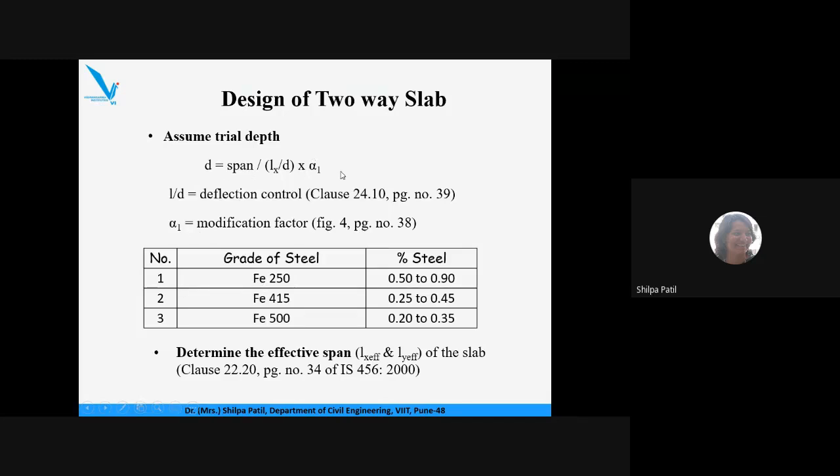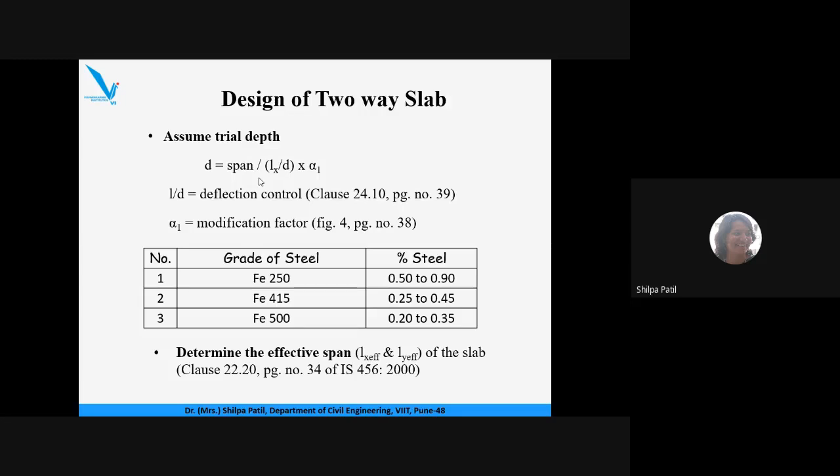Now the depth of the slab is always calculated from the top of the slab up to the CG of the main reinforcement in that direction. This is very important. When I am calculating dx, I am using Lx, so it means I am providing reinforcement in the shorter span direction. So dx will be the depth of the slab up to the center of the steel provided in the shorter direction.